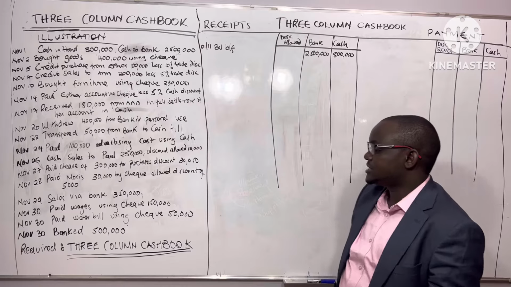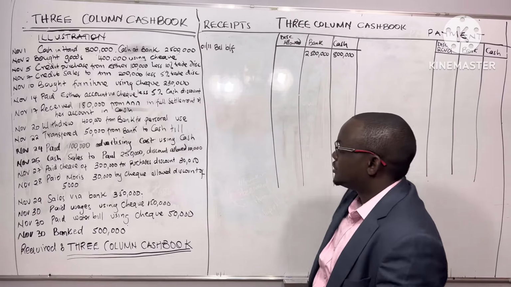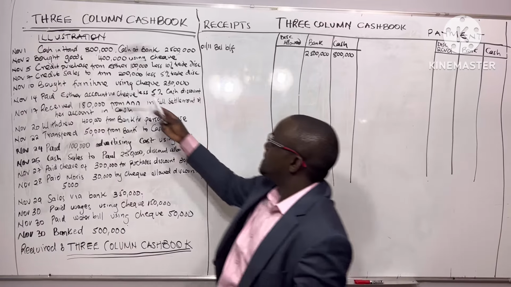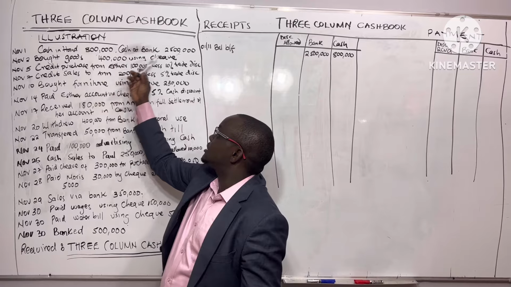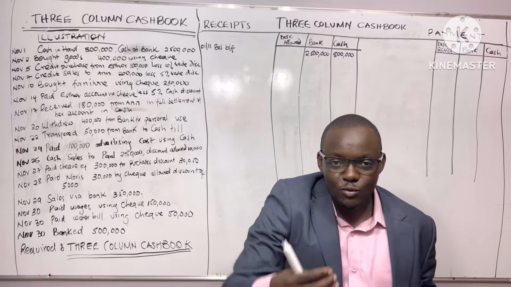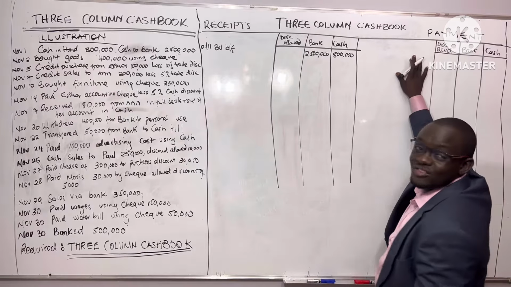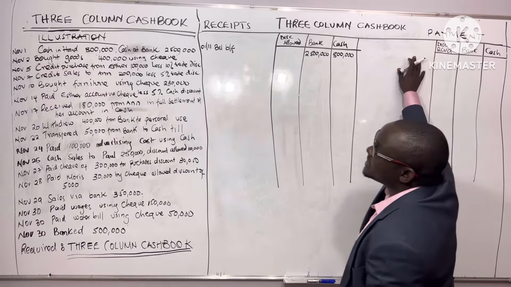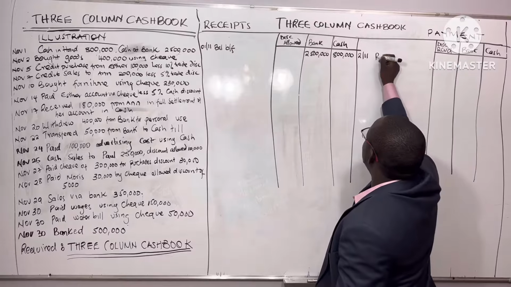Then we are told this: bought goods of 400,000 using a check. We are losing money, we are making payments. When you buy goods, you are making payments, so it will appear on this side. The date is 2nd of November, purchases.